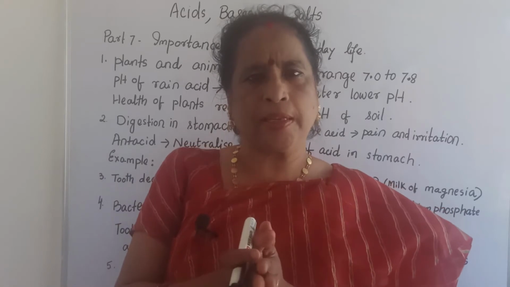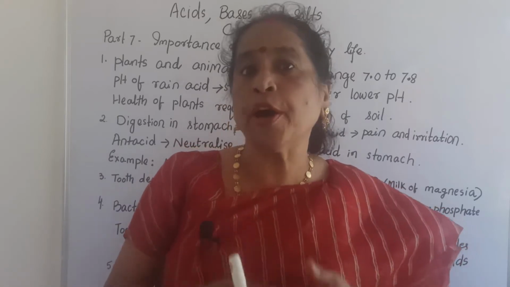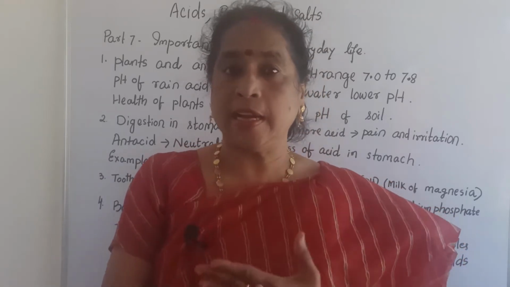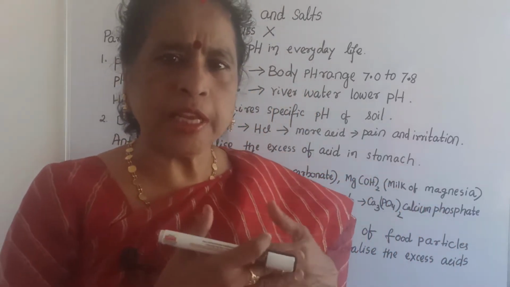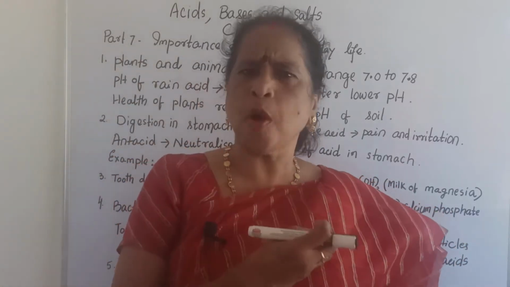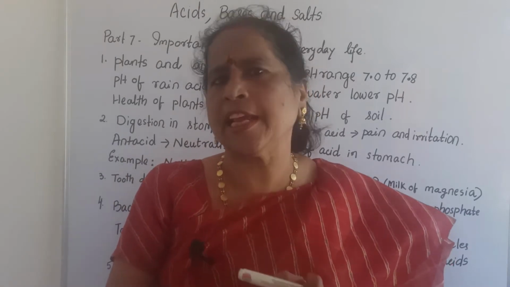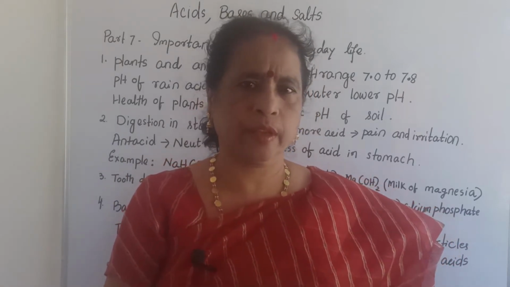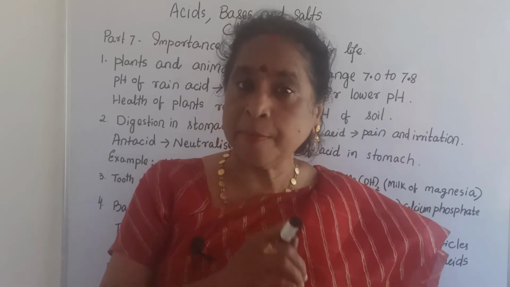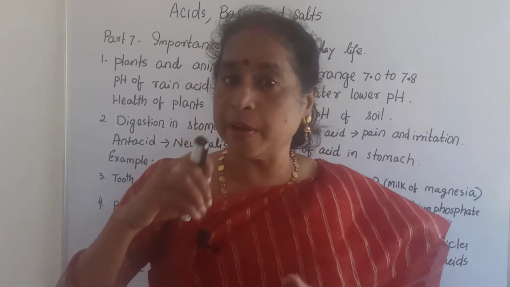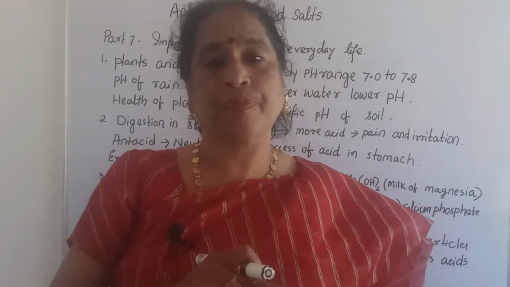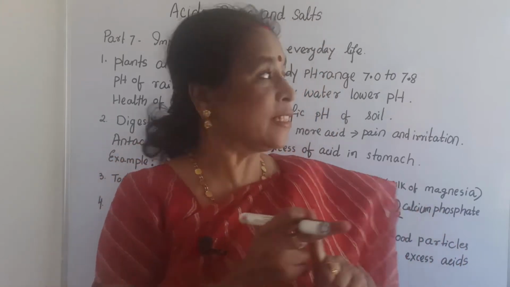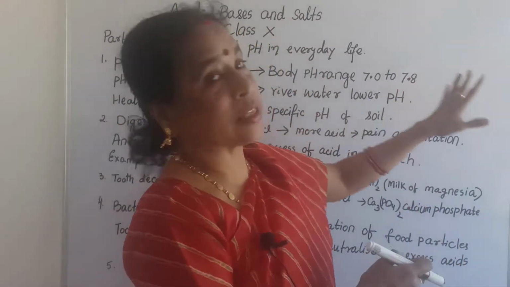Now what happens to our body, to our daily life about the pH? There are so many biochemical reactions that take place in our body. When chemical reactions take place in our body, it should maintain the pH range, that is 7 to 7.8.